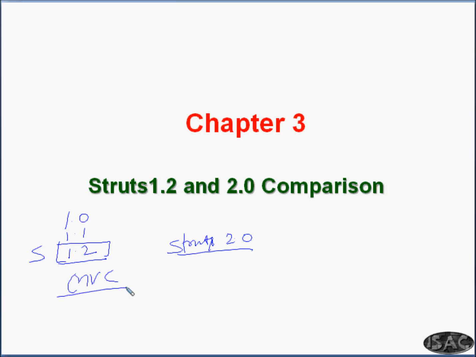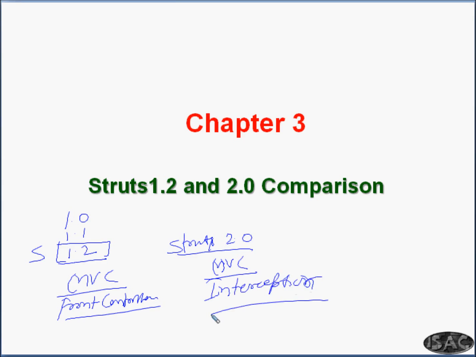It was using another design pattern, that is the front controller design pattern. But here, MVC is there, but apart from the MVC we have another design pattern, that is the interceptor design pattern.